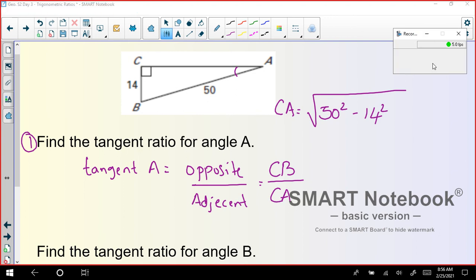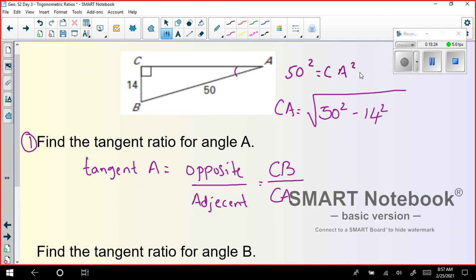Find CA. From the Pythagorean theorem, AB squared equals CB squared plus CA squared, and I've just simplified further directly. That is, 50 squared equals CA squared plus 14 squared. Simplifying further, I got this, and this is nothing but 48. Now we substitute here.